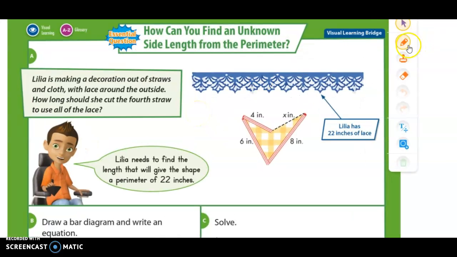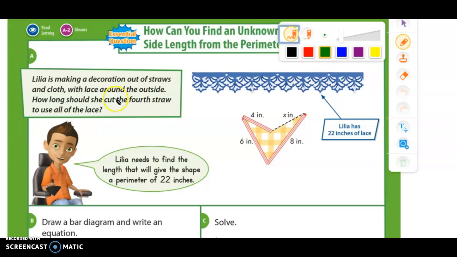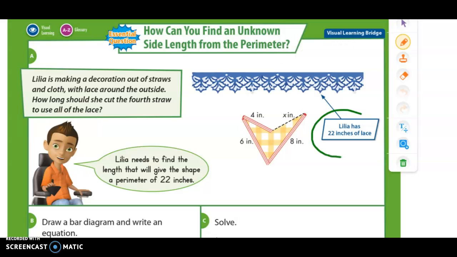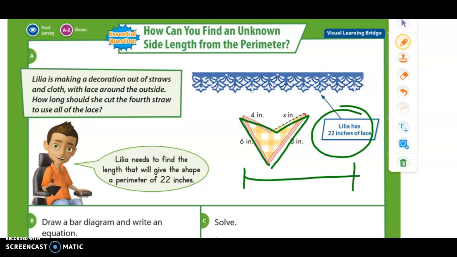Okay. Here we have Lilia. Lilia is making a decoration out of straws and cloth with lace around the outside. How long should she cut the 4th straw to use all of the lace? Here's an important piece. She has 22 inches of lace, and she's going to go around this whole figure here with that 22 inches. So we know her total is 22 inches.